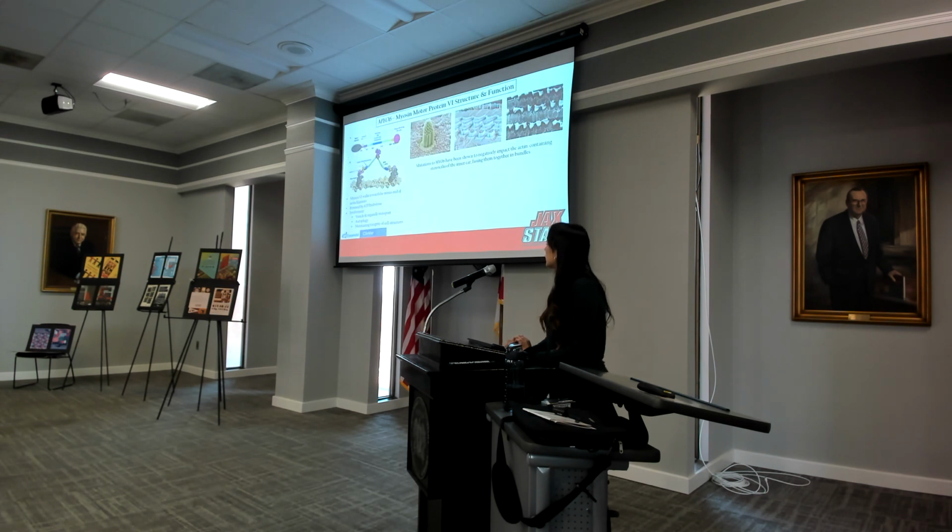The human gene I chose to study in connection to this condition is MYO6, which encodes for myosin motor protein 6, or just myosin 6 for short. To the left, you can see a structure model of what myosin 6 looks like.